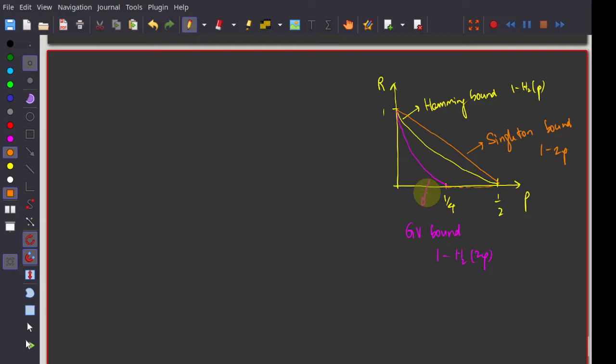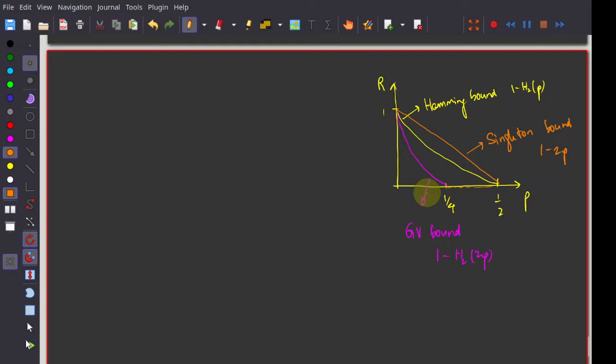Okay, so the first question we'll try to answer is, at what value of p is R asymptotically equal to 0? For the rate to be strictly positive, you need at least an exponential number of code words, exponential in n. Is it possible to get a bound when the number of code words is not exponential, but maybe just polynomial in n?